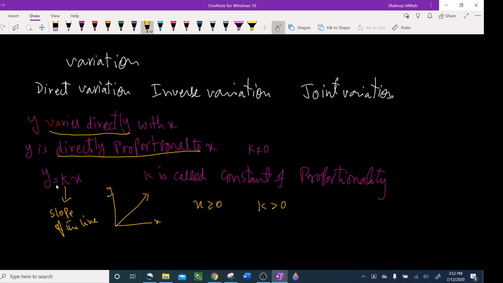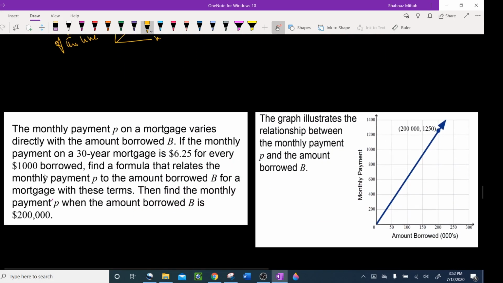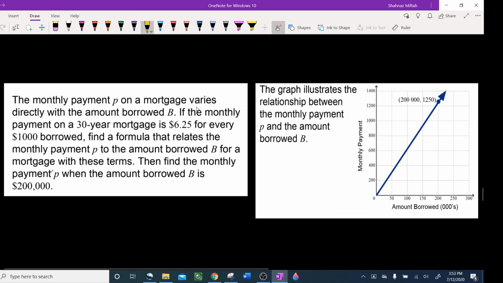So let's do some examples for this. The monthly payment P on a mortgage varies directly with the amount borrowed b.